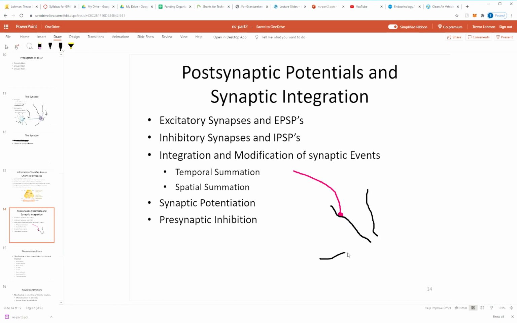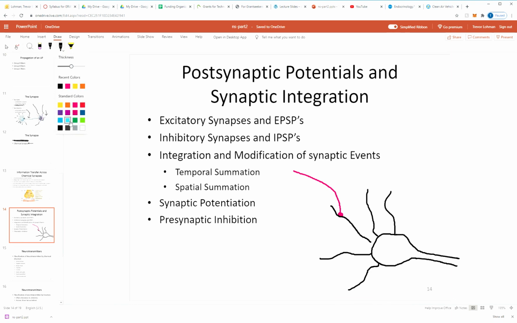Let's draw a few dendrites, and a few more axons. Okay, so these three axons are going to be fighting over this axon hillock's membrane potential. So what is an excitatory synapse?